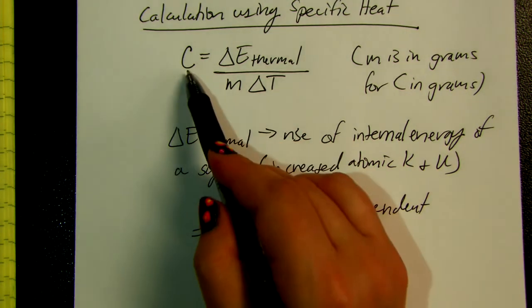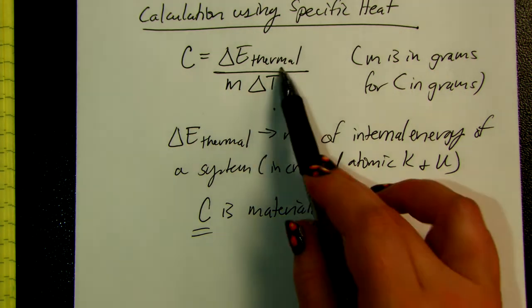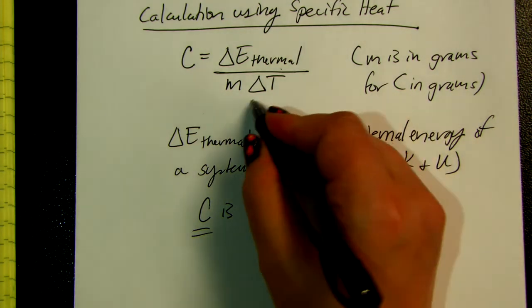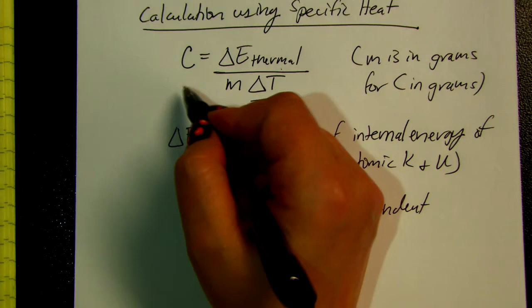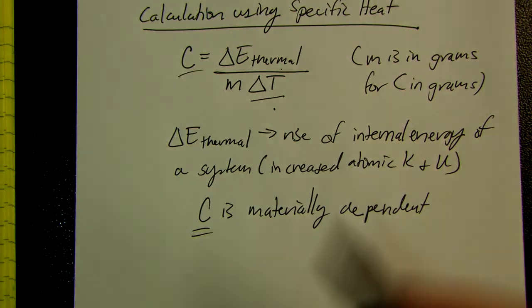If you know C and delta T is easy to measure, you can go after delta E thermal, which is very hard to measure. Delta E thermal is hard to measure. This is easy, and this is doable. And if you know this, mass is also easy, then you can go after something much harder.